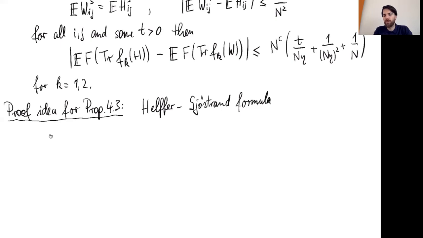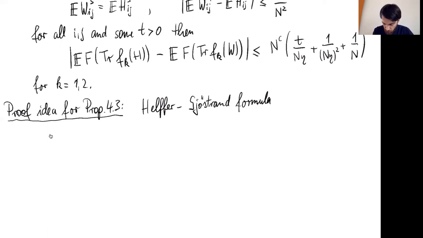So that was called the semicircle law on the small scales. Then we used this formula to transform information from the resolvent to information about the number of eigenvalues in an interval.